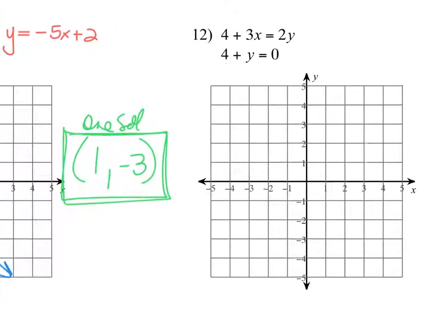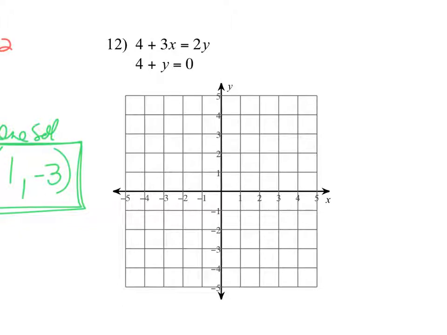All right, question 12, last one on this page. This first equation is written kind of strange. It's definitely not in standard form, but it is pretty close to being in slope-intercept. The only thing I have left to do is divide by 2 so that y is by itself. So when I do that, I'm going to get y equals, if I divide everything by 2, that's going to give me 3 over 2x plus 2.